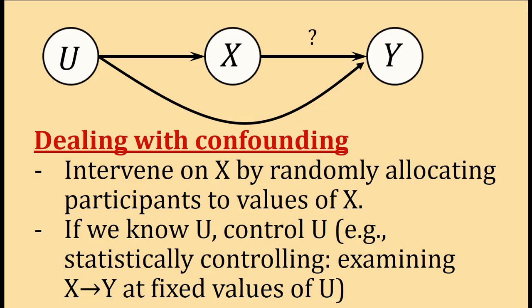So that connection disappears, and therefore now if I find a relationship between X and Y, it will be because X and Y are causally related, not because there is another confounding variable that affects both, because I blocked the effect of U on X.